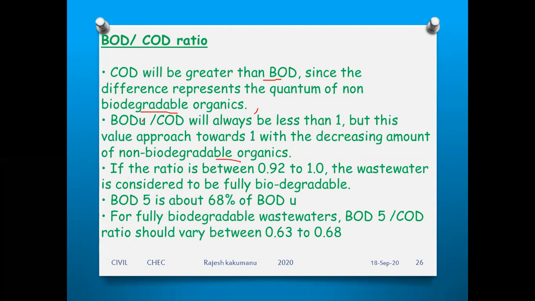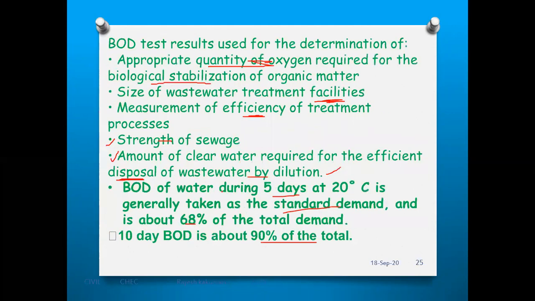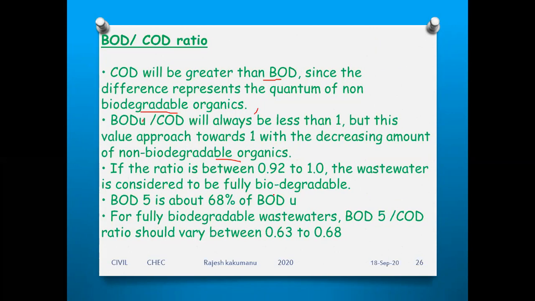BOD5 is about 68% of BODu. So here we have said it takes a duration of 5 days, about 68% of the ultimate biological oxygen demand. For fully biodegradable wastewater, the BOD5 by COD ratio should vary between 0.63 and 0.68.